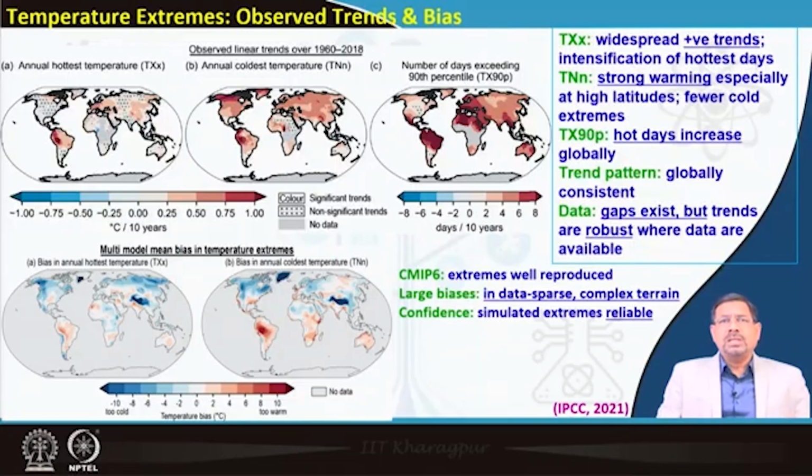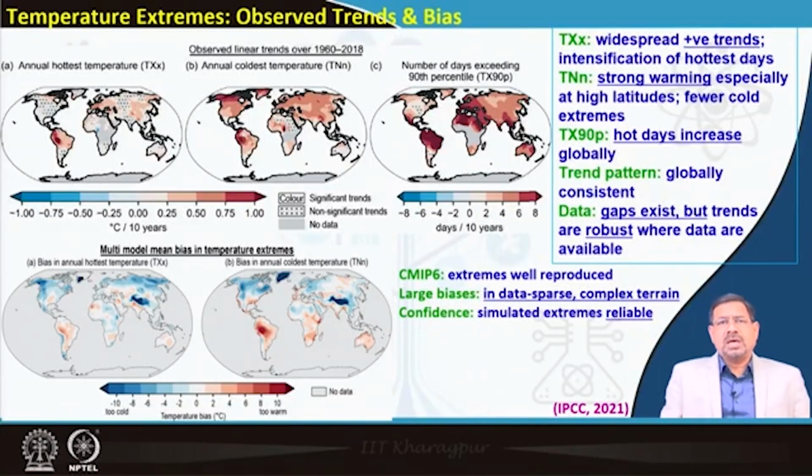That gives us an idea of how hot days increase globally. The trend pattern you are seeing is consistent globally, though there could be gaps in the data. Data gaps always exist, but the trends are robust wherever data are available.